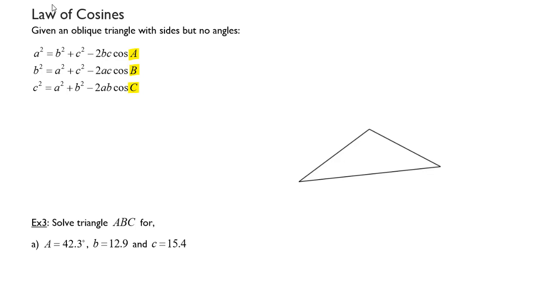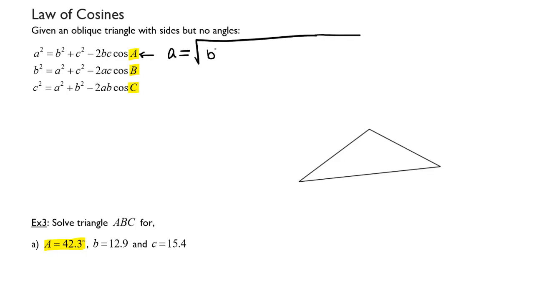So if I were to look at the example here, we see that angle A is 42.3 degrees, and we don't know the opposite side. If I wanted to find the opposite side, I could just say A is equal to the square root of everything on the right in the first formula.